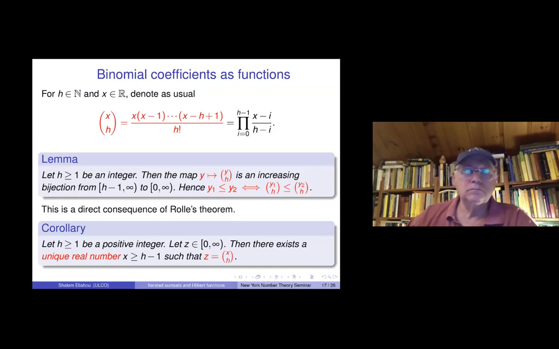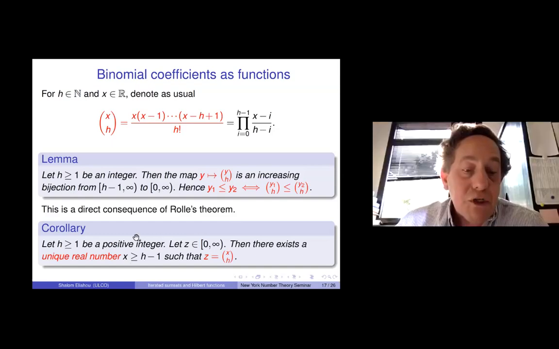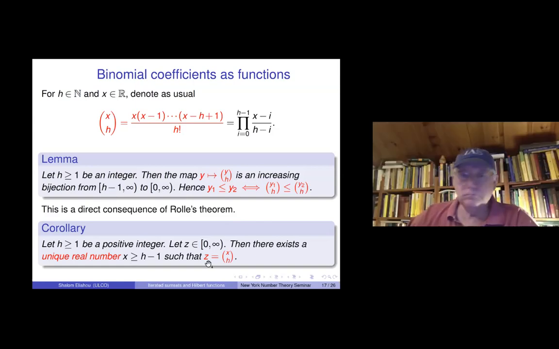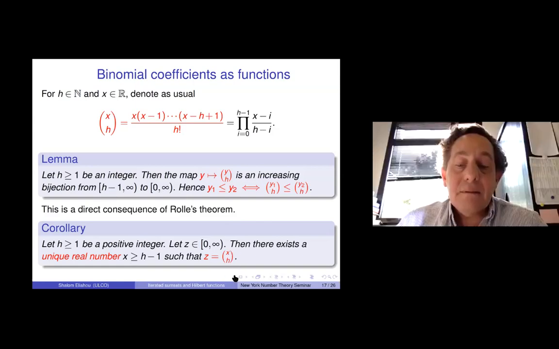It means there exists a unique real number h in this interval such that z is obtained from this bijection. So we will need that a lot, because for suitable z, we will need to represent z given h. We will need to represent z in this way.